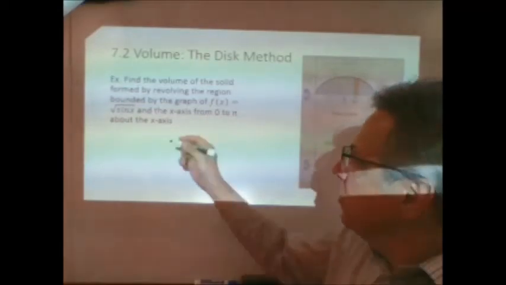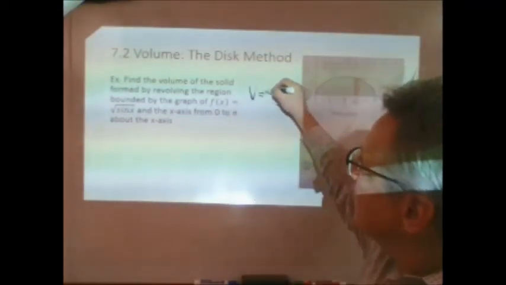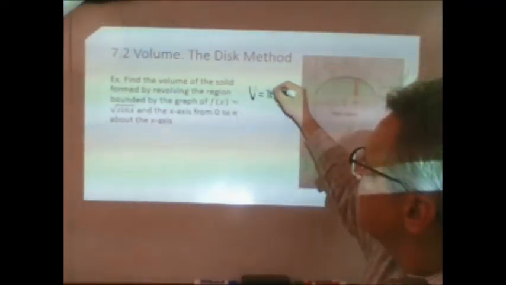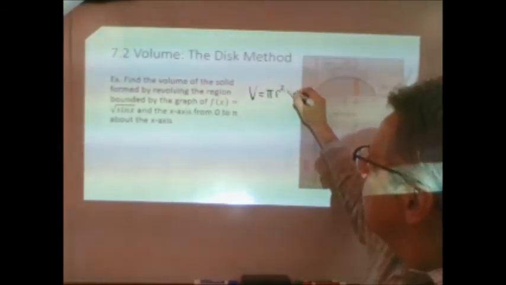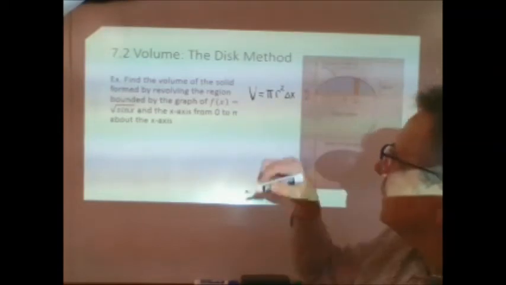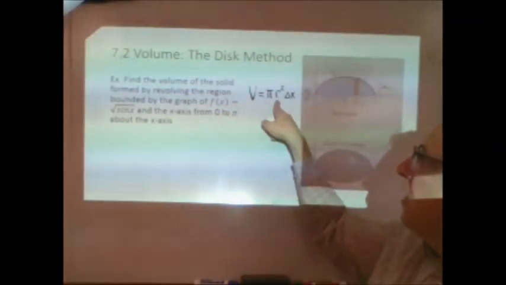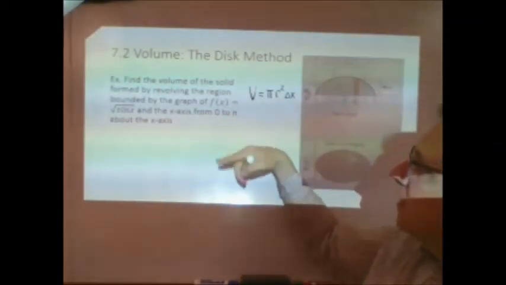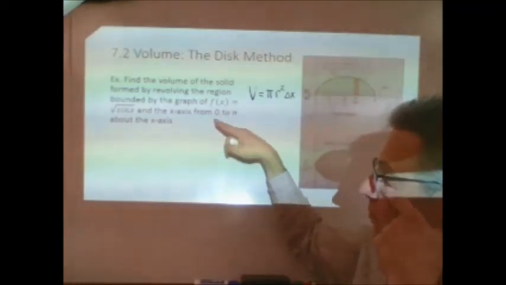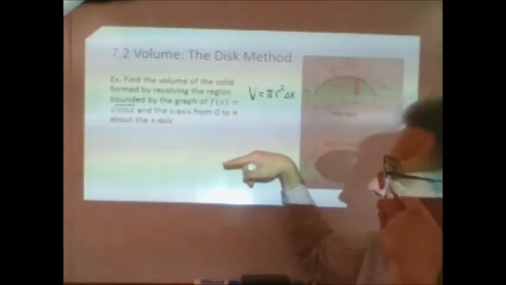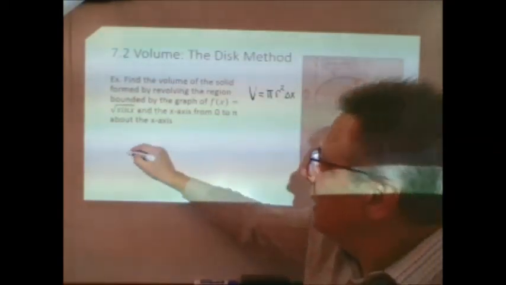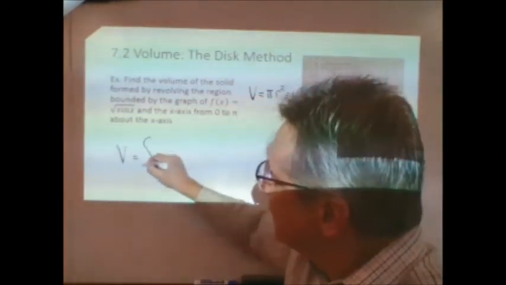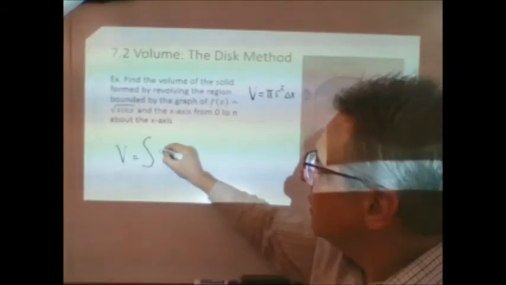So we know that the volume, as I just mentioned before, of a disk is pi r squared, the area of the circle that's formed by rotating the rectangle about the axis of revolution, times the thickness of the disk. And we can apply that now in this formula.